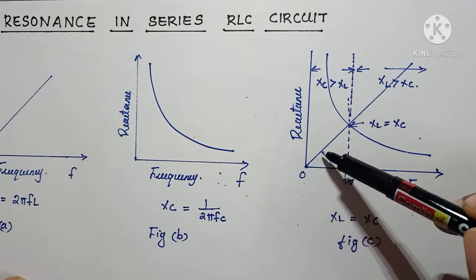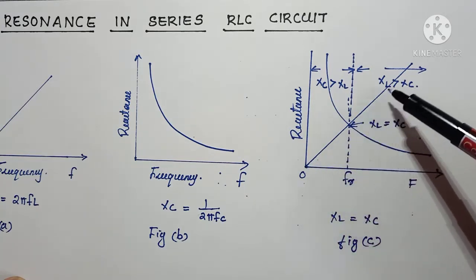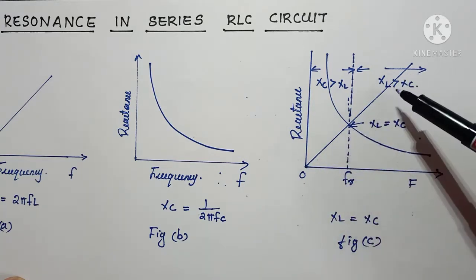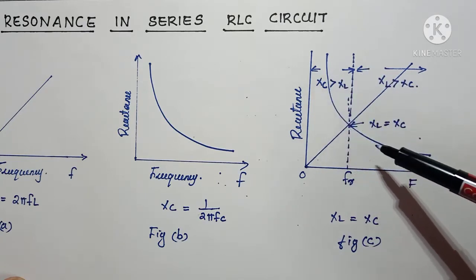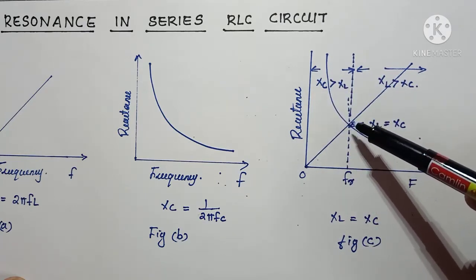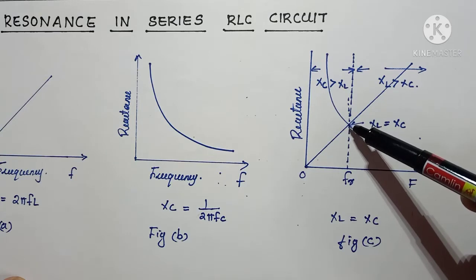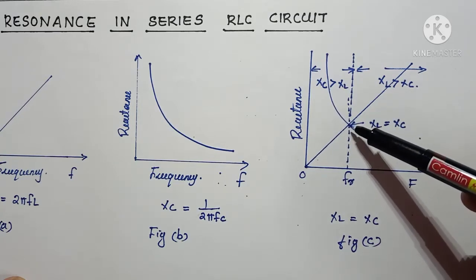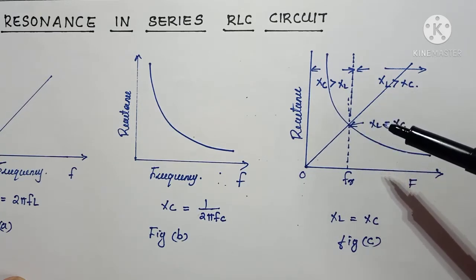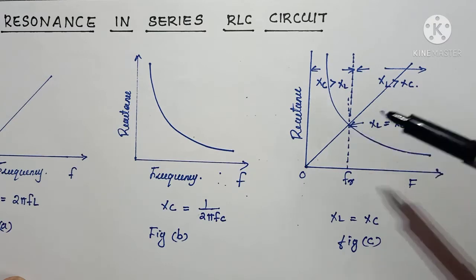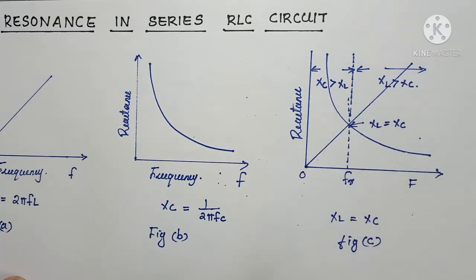This line shows XL and this one XC, and at this point these two lines meet, so that is the point of resonance. That is the condition for resonance.